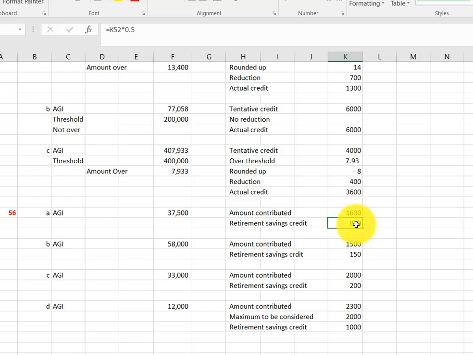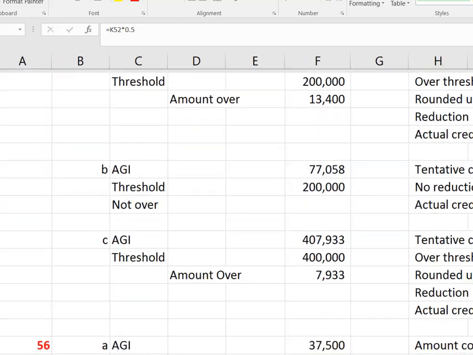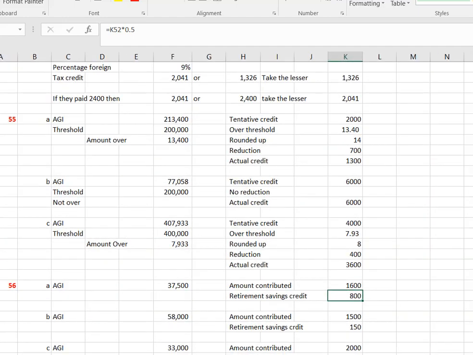It is a non-refundable credit, so it cannot result in a refund, but it can reduce our tax liability. So they're at the threshold where they would get 50%. It's all based on just looking up the amount of AGI compared to the table.